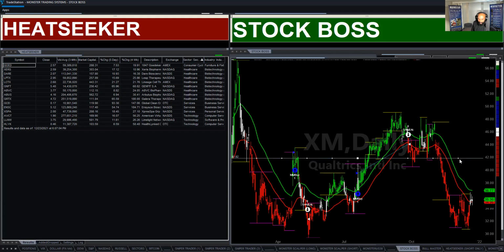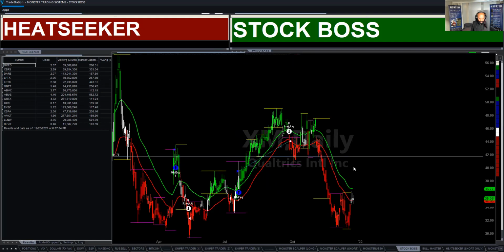So let's see here. All right, this is a good one here to analyze. Okay, so you bought in here on basically a break of this support. If you look at this area right here, guys, and you look at your chart, that's distribution.